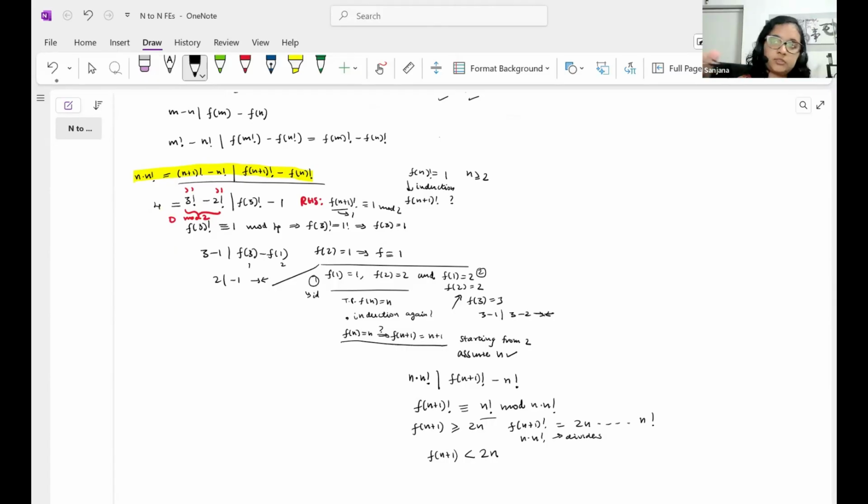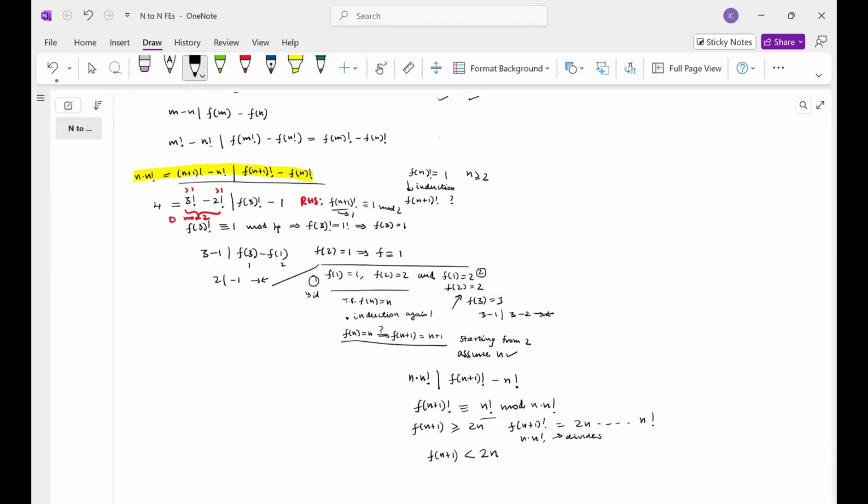So how can you finish from here? I think this implies that f of n plus 1 equals n.